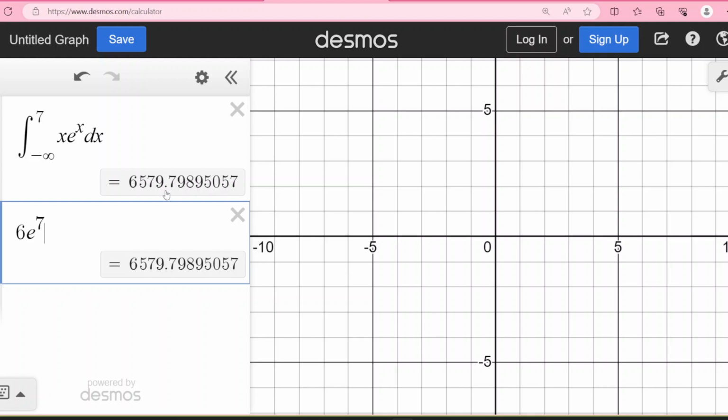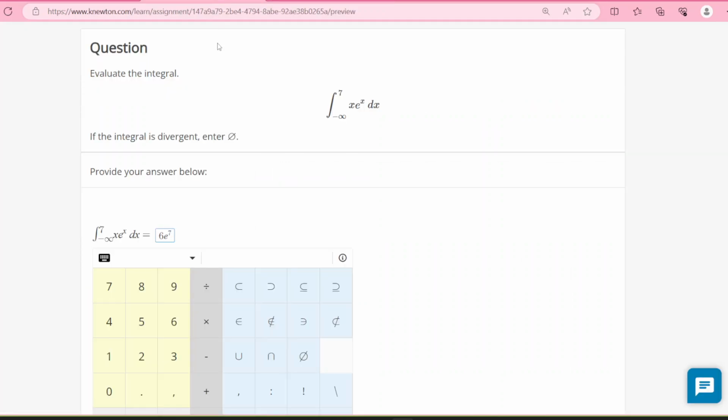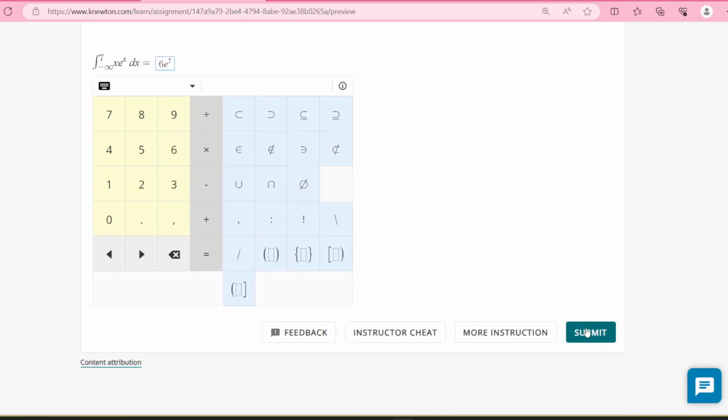Again, if it says undefined, it might converge, but more than likely it diverges. But you're going to have to do a little more if it says undefined. But the thing is, they want the exact value it converges to, which is again here 6e to the 7th.